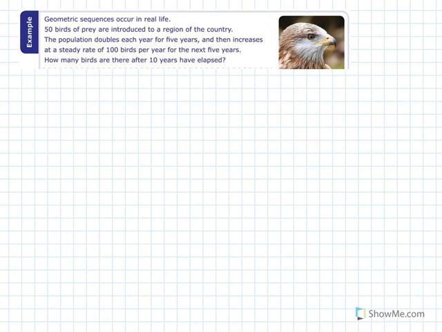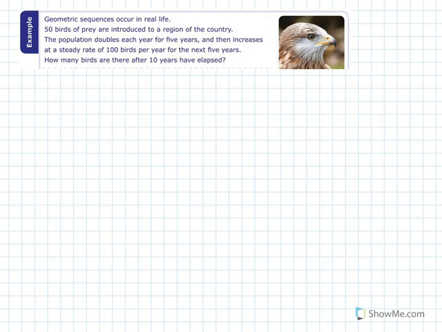However, due to their surroundings, such as the amount of food they may have, or maybe starting to move into other areas where they might have predators of their own, such as us, for instance, they won't carry on with that huge burst of population. So this is quite a nice example where we've got a geometric sequence at the start, and then it merges into an arithmetic sequence for a few terms. So let's have a look at the question together.